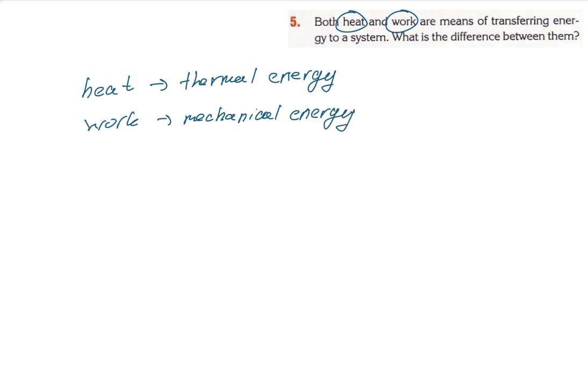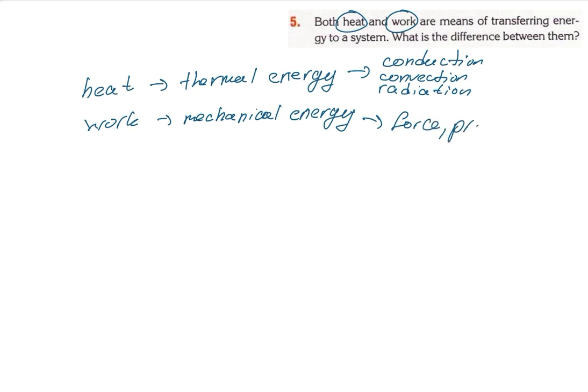For thermal energy, we know that it can be transferred in 3 ways: conduction, convection, and radiation. But mechanical energy can be transferred by applying a force. It transfers under force or under pressure. So that is the difference.